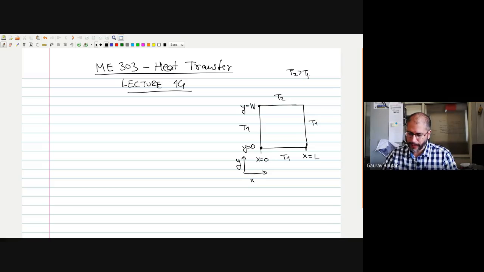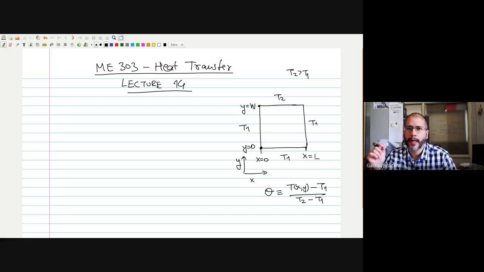Yesterday we defined a non-dimensionalization based on theta, defined as T at any position minus T1 divided by T2 minus T1. With this theta, our equation becomes an equation in theta, x and y, with theta as the dependent coordinate.